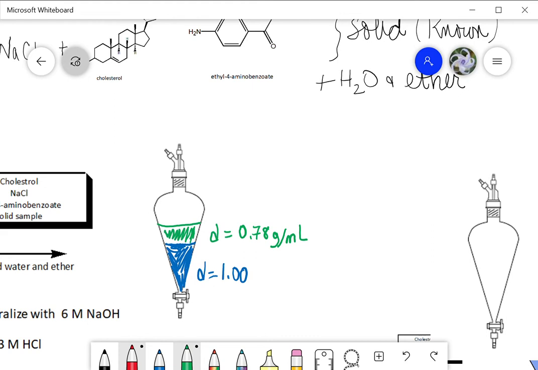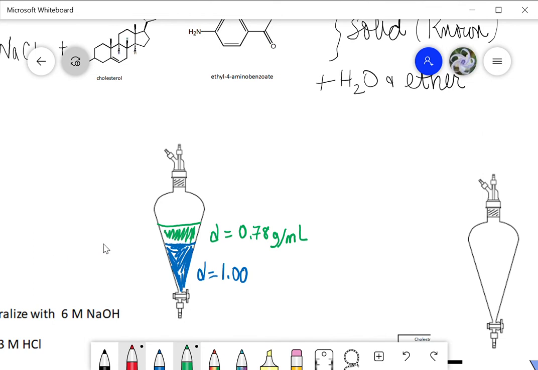So I'm going to now have to decide where my sample is. So I've got cholesterol, sodium chloride, ethyl aminobenzoate. So one of the clues is that cholesterol and ethyl aminobenzoate, those organic compounds, are going to be organic soluble.